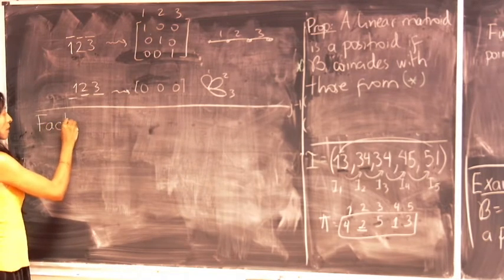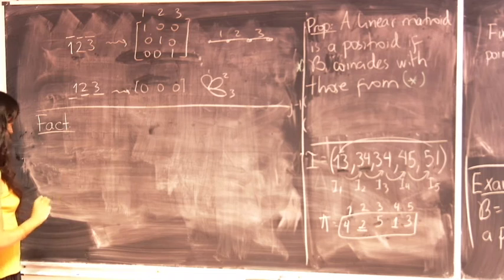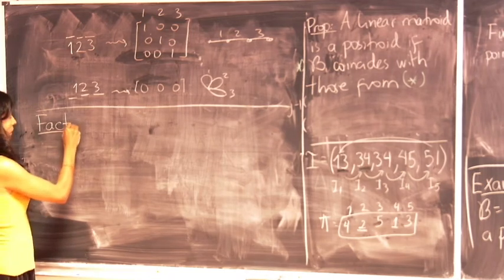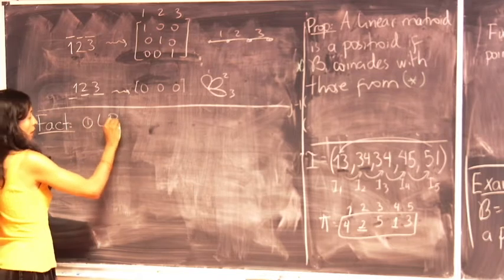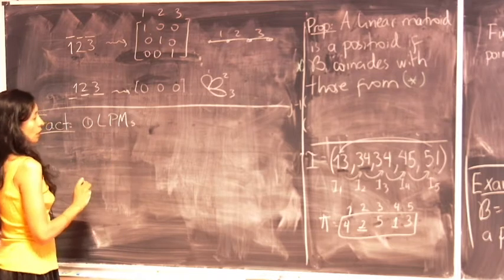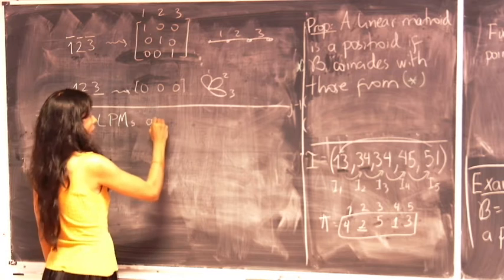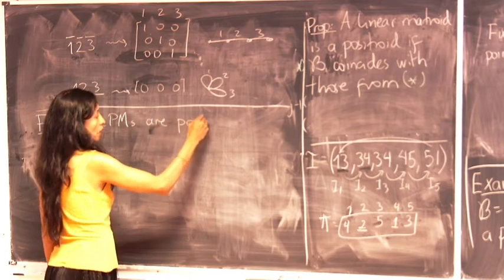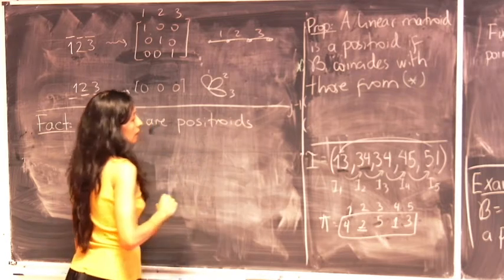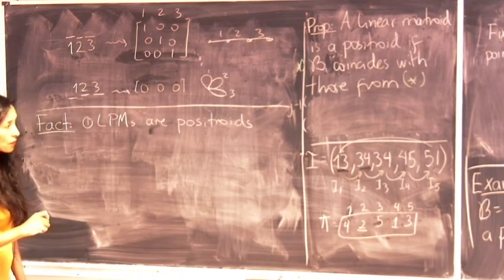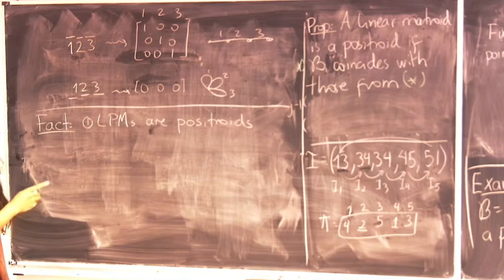The families that we have already seen before, one of them given by LPMs, actually are positroids, and you can prove this directly from the definition.